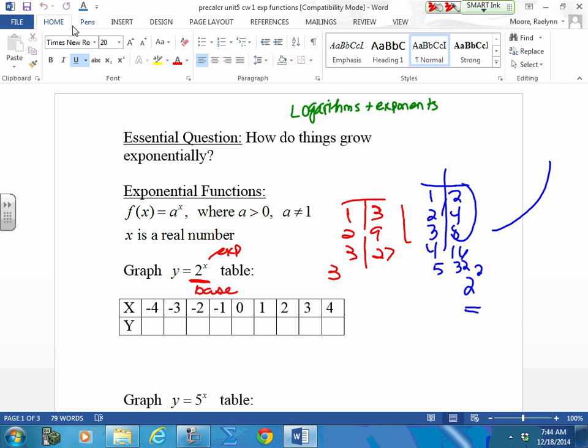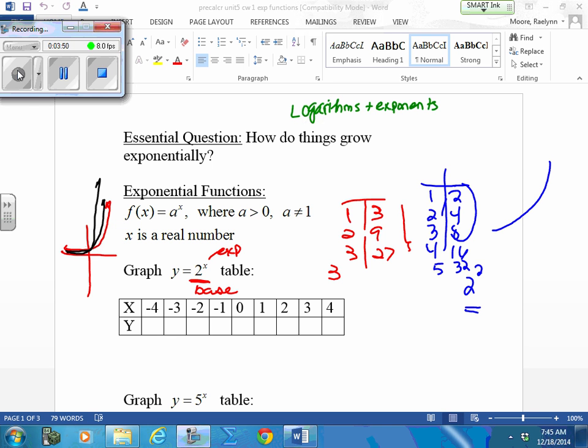Look, I'm going to grow a little bit faster because your base is bigger. So the larger the base, the sharper the curve. It's all going to start looking like the same type of curve, but the steepness of it is all going to depend on the base. So the next one might go a little bit steeper, then might be a little bit steeper up here. So you can see them starting to grow.